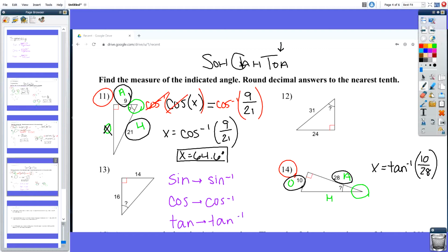So it's the same thing that we did before, except we're just sort of skipping that initial step and jumping right here, where we can plug in inverse tangent of 10 divided by 28 in our calculators. And you should see that this angle, rounded to the nearest tenth, is 19.7 degrees.